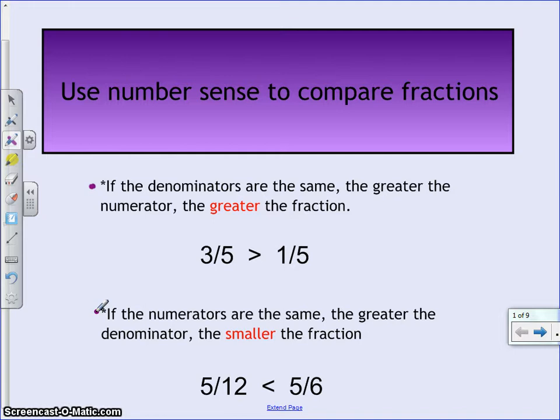And in fractions, that's exactly the case, and we'll show you exactly why in a little bit. So when comparing fractions, if the denominators are the same, the greater the numerator, the greater the fraction. If the numerators are the same, the greater the denominator, the smaller the fraction. Alright? And here's why.